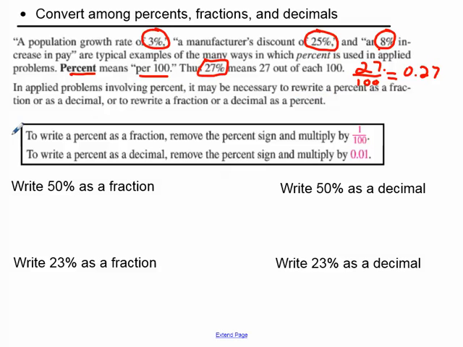So let's take a look at this. Here's our cheat sheet, kind of, when we convert percents to fractions. We can just remove the percent sign, multiply by 1 over 100, or just replace the percent by divided by 100, and we're done.